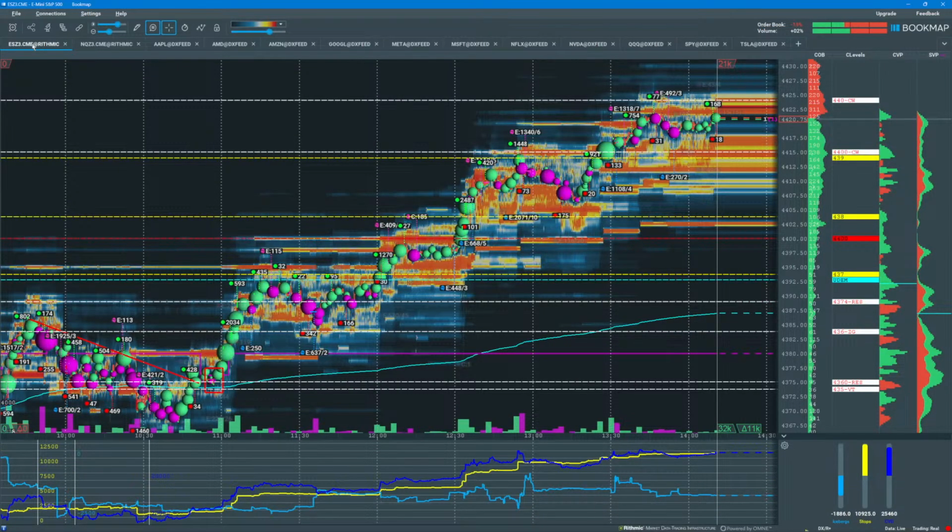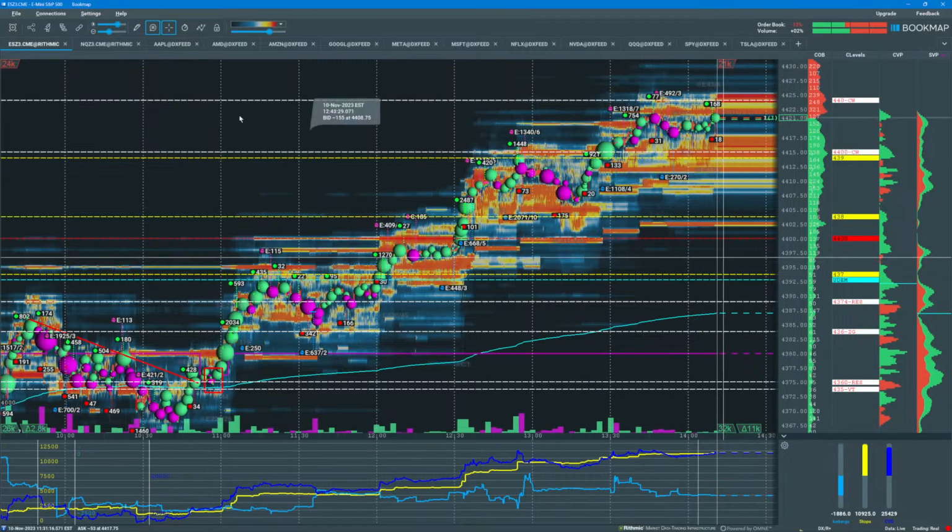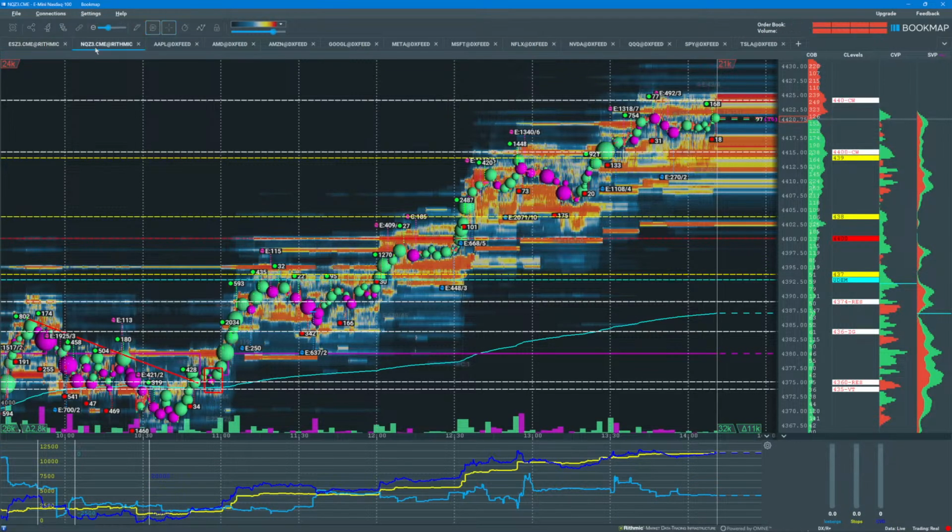All right, so the uptrend continues. Go to Nasdaq, and then we'll take a look at some stocks.